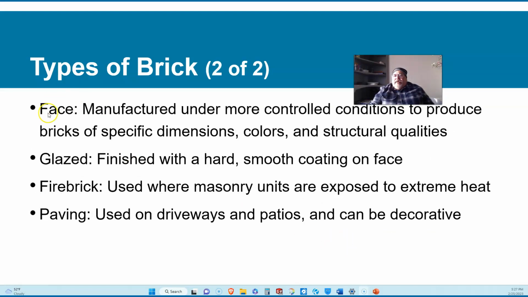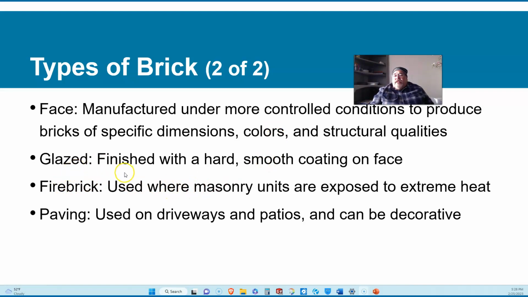We have more types of bricks. Bricks that are meant for facing, or a veneer, are manufactured under more controlled conditions, and they're used to produce bricks of specific dimensions, colors, and structural qualities. So they're facing bricks, right? They're manufactured to have a look, a feel, and certain structural qualities to them.